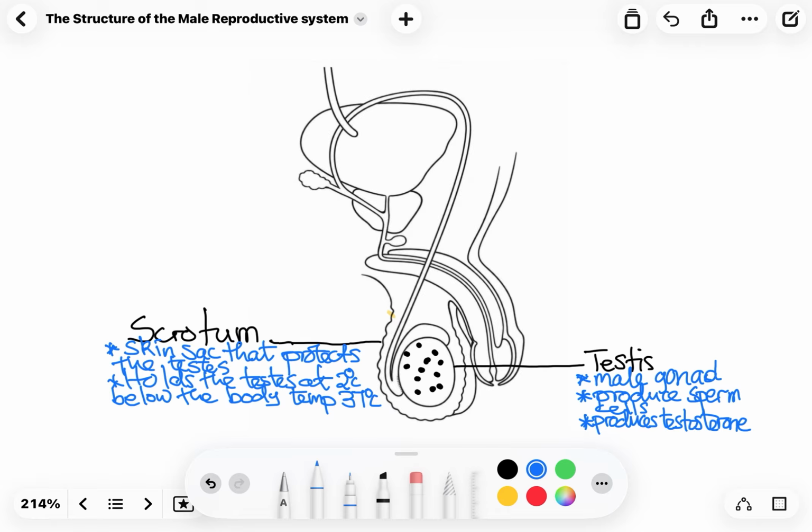This is done for the production of healthy sperm cells.